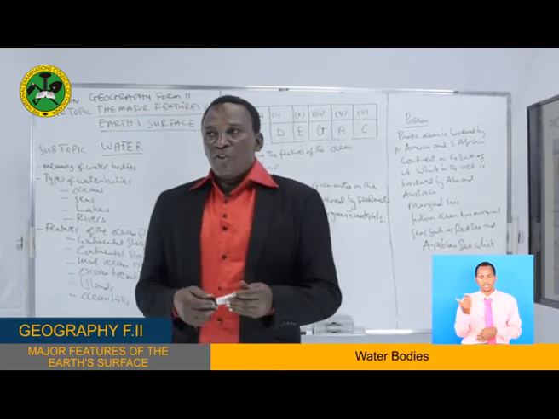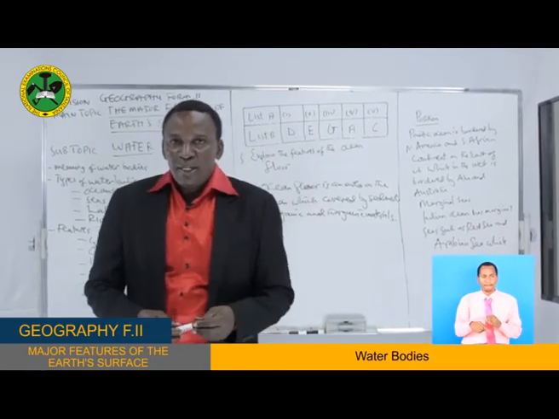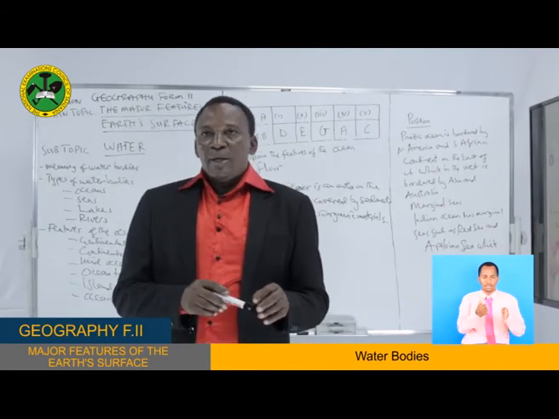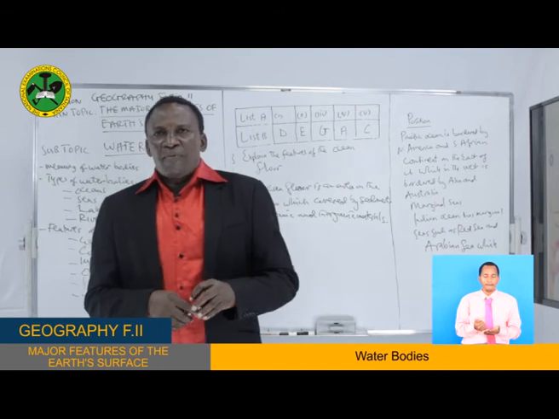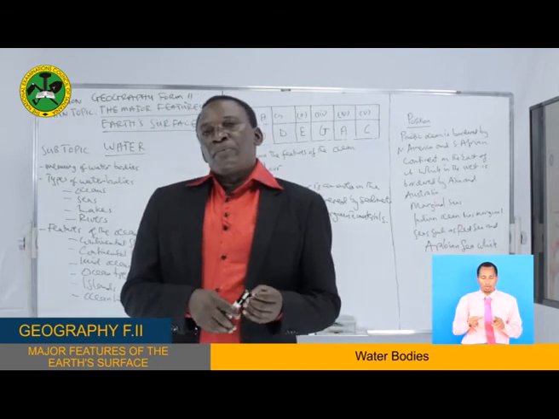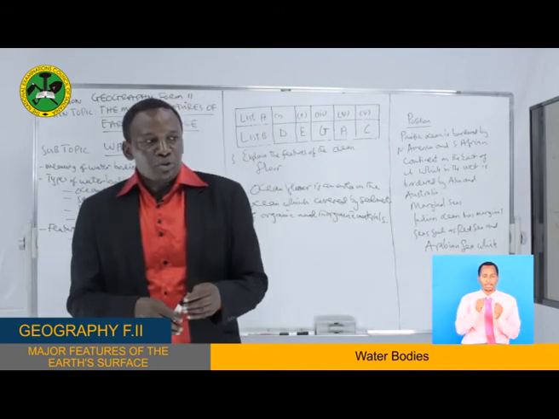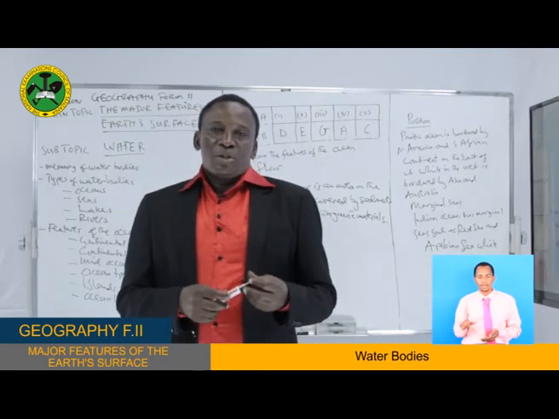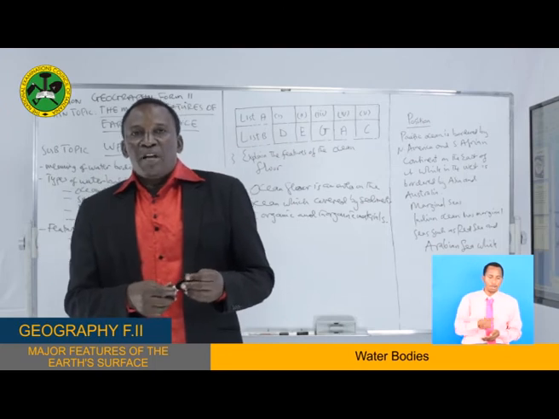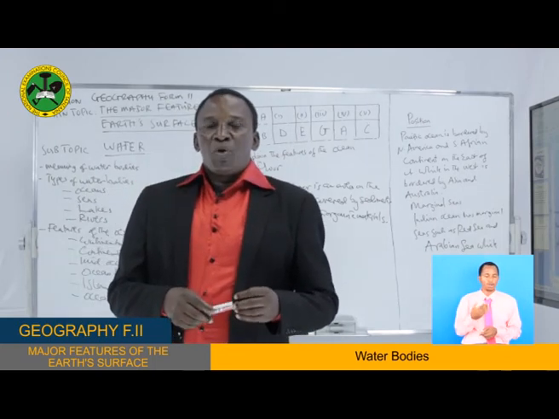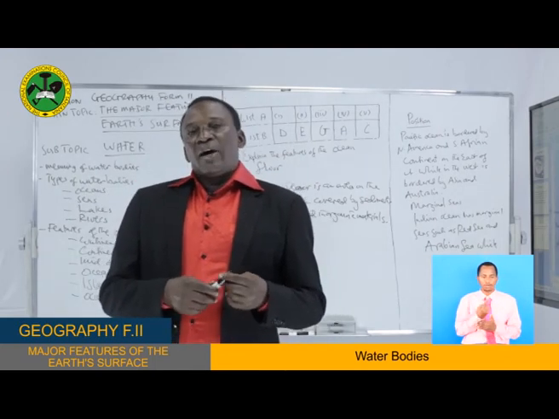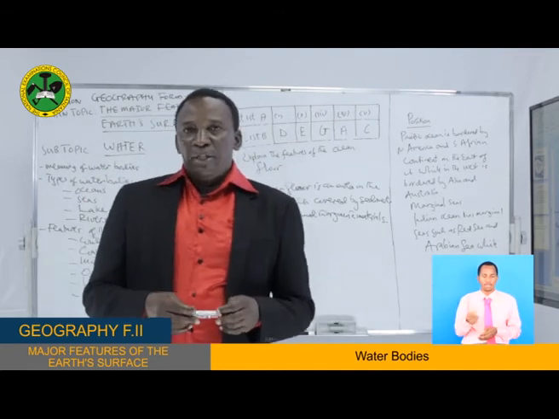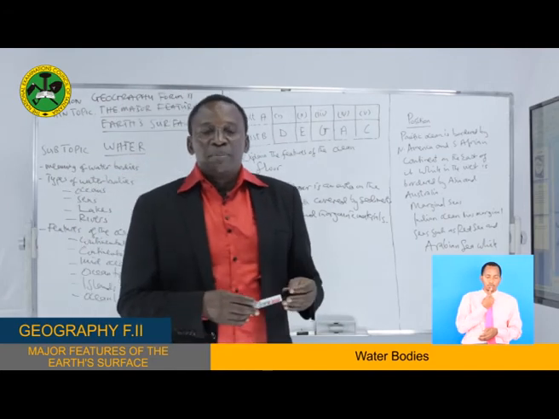More rivers, when they drain water into the oceans, decrease the content of the ocean salt. Other factors include the temperature. In the areas where the temperature is very high, the ocean water has a tendency to have high content of salt because of evaporation.